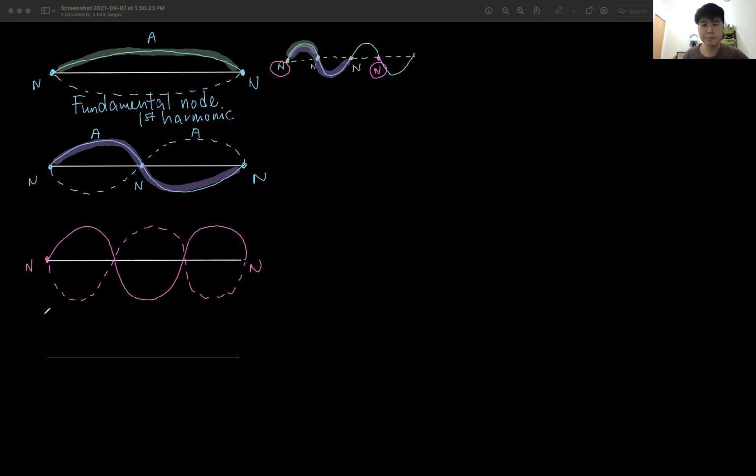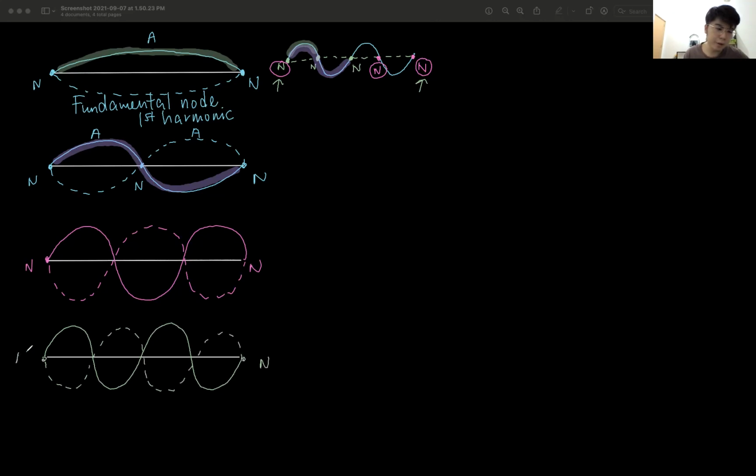How about the last one? The fourth pattern. Again, we take the next node, this node. How many waves can fit between the first one and the last one? 2 waves, 1, 2. So this pattern, you get 2 waves. And then you have like this.